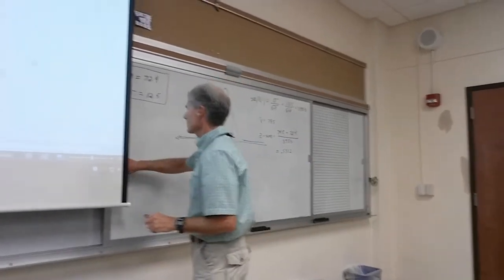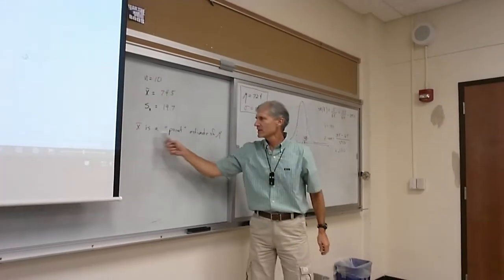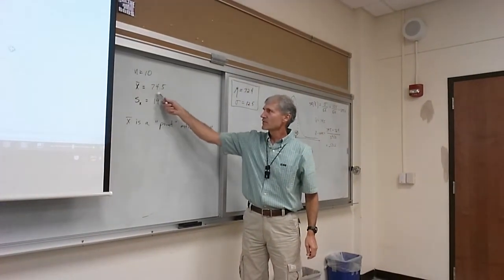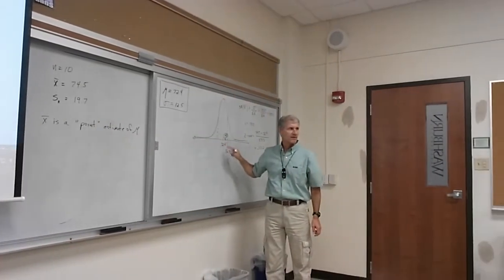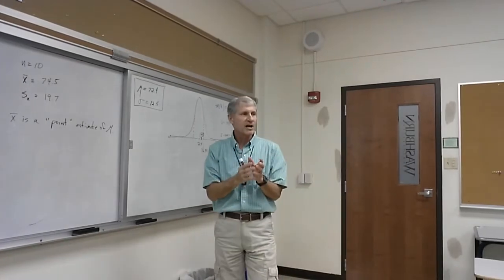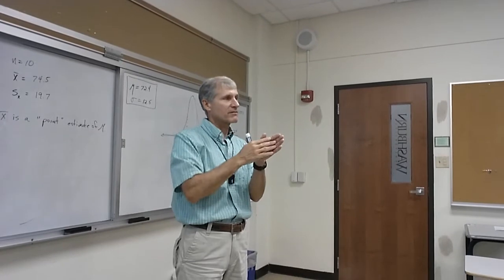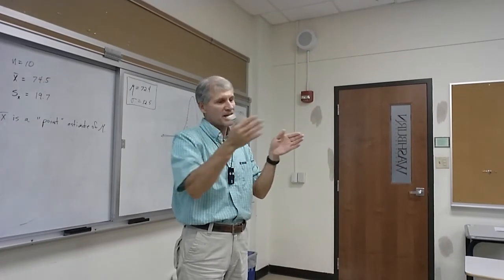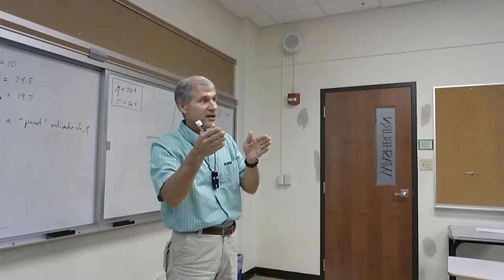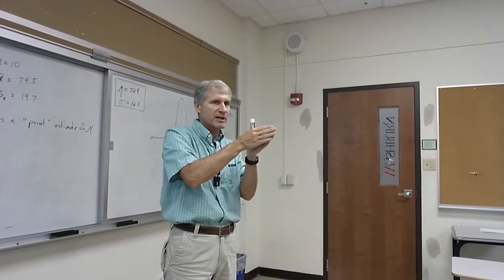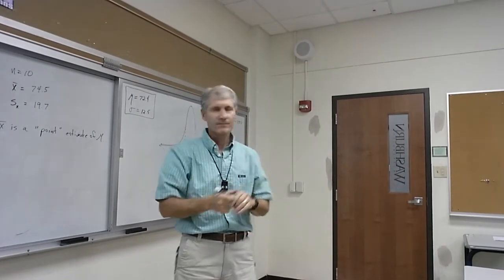But this idea, I'm going to come back to this idea of a point estimate. A point estimate of mu, 74.5, is a single point on a number line. But I know that isn't going to be exactly right. So instead, I want to use this concept of margin of error to give an interval. And say, well, I know it isn't exactly 74.5, but it's almost certainly between here and here. And I'm going to start with my point estimate, and I'm going to add and subtract this idea of a margin of error. Right?